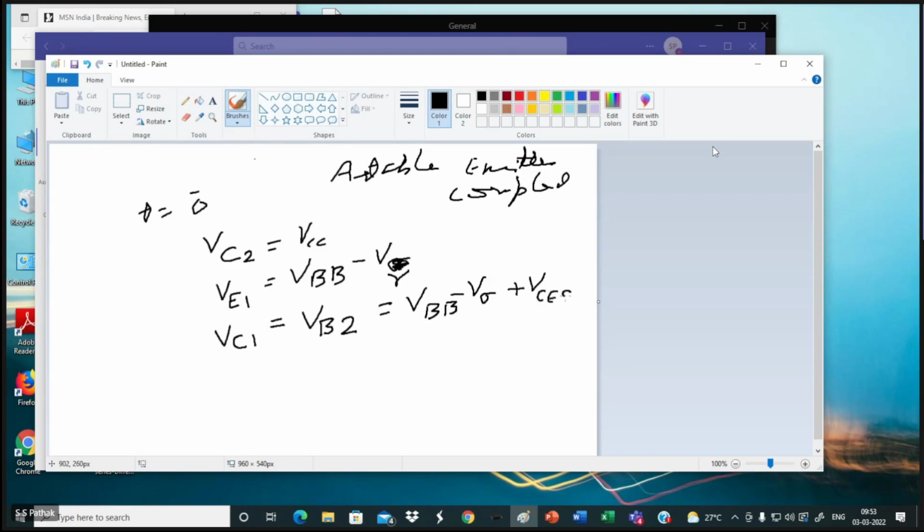Both are identical, so your VCE in saturation is the same for both of them. So VBB minus V sigma plus VCES, it is coming at the collector of this one. That was in saturation, so base potential was your V sigma. Base to emitter voltage was V sigma. And VE1 was VBB, sorry, VCES at t equal to 0 minus, this was saturation, V sigma was the voltage there.